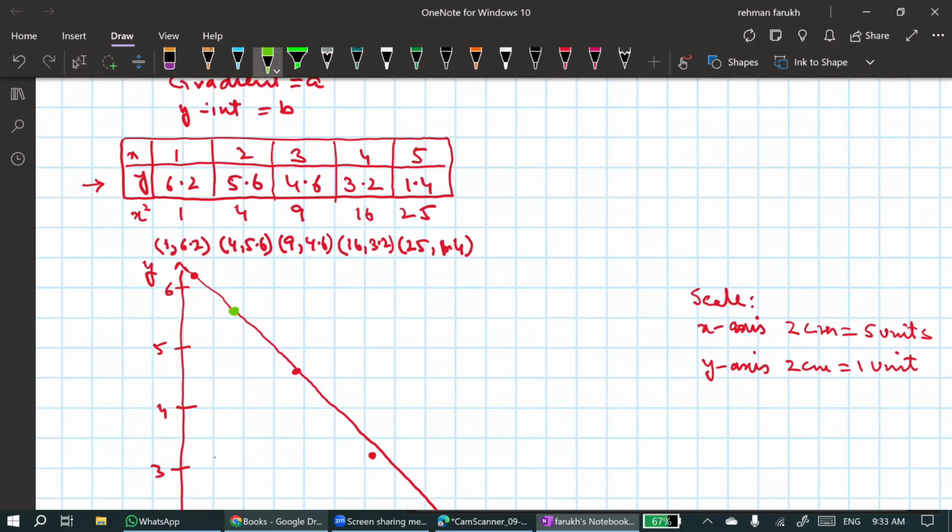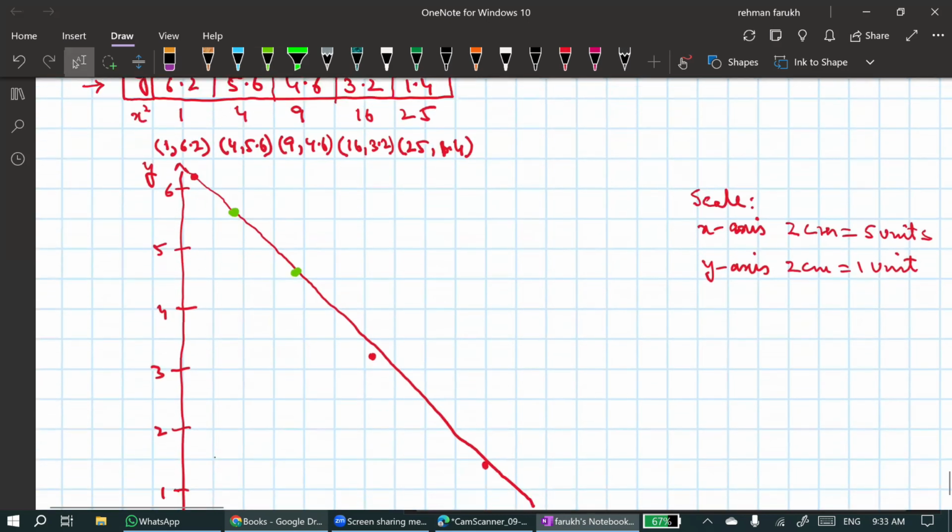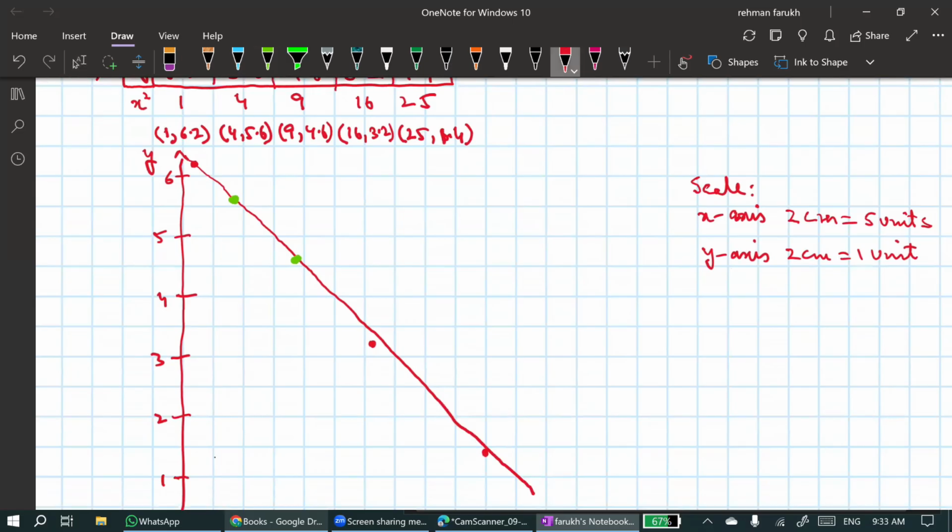These two points are exactly on the line: 4, 5.6 and 9, 4.6. Now to find out the gradient, we will use the second and the third point: 4.6 minus 5.6 divided by 9 minus 4.